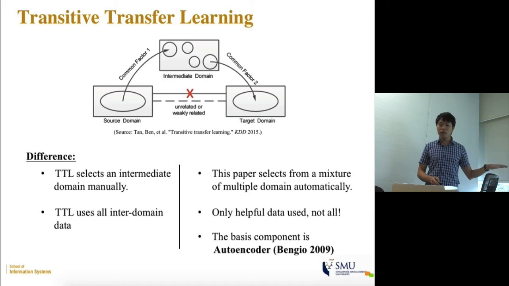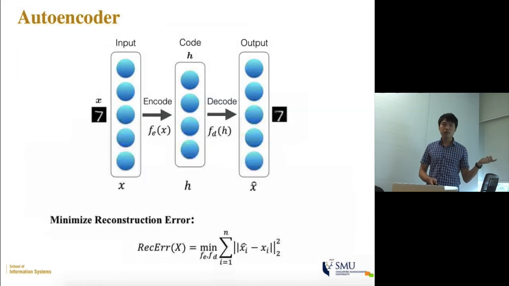And the basic component for them to do that is the autoencoder, which is a type of feed-forward neural network. So let's talk a bit about this autoencoder.